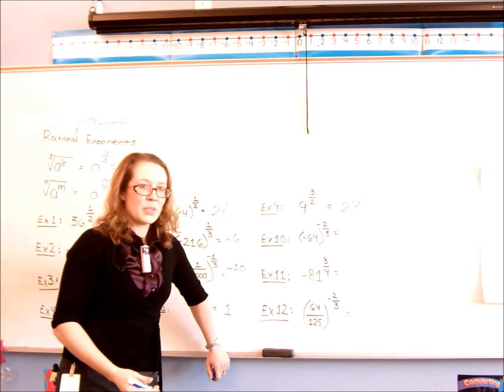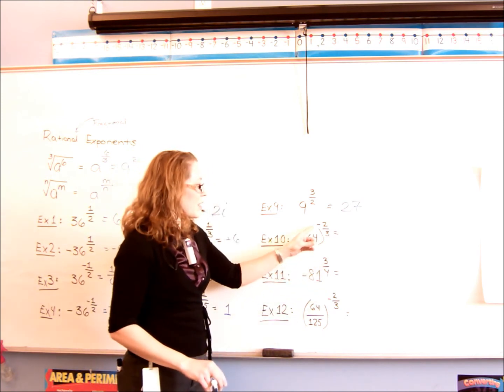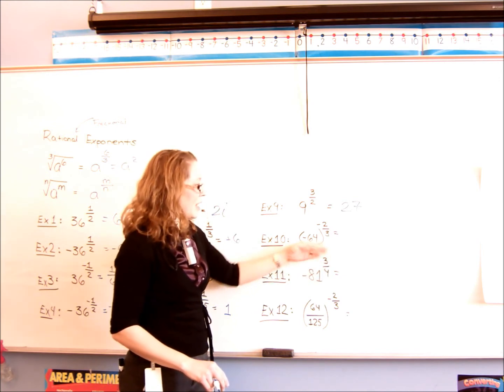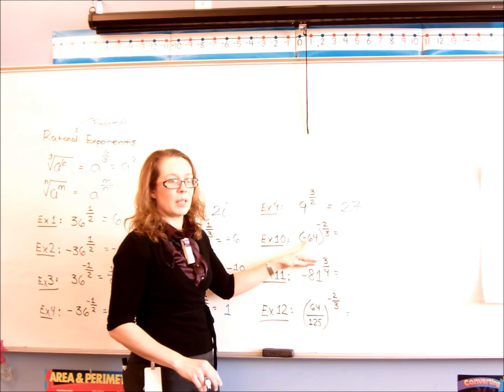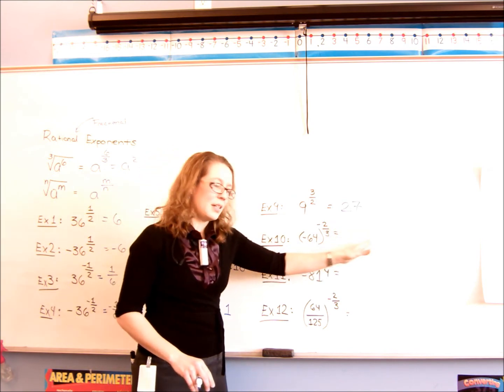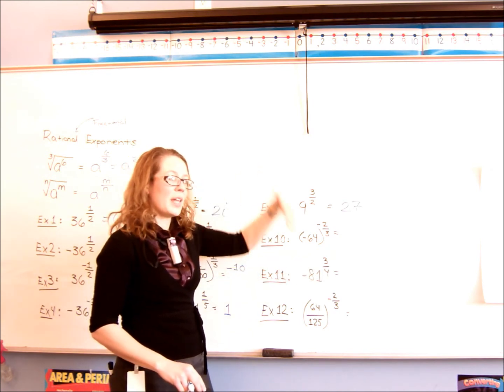You ready for the next one? Okay, let's think about this a little bit before. Our final answer should be where? In the denominator. Okay, can we take the cube root of a negative number? Yes, we can. It will come out as a negative. Very good. Okay, so let's think about what it's going to be, and then we'll put that into the bottom.